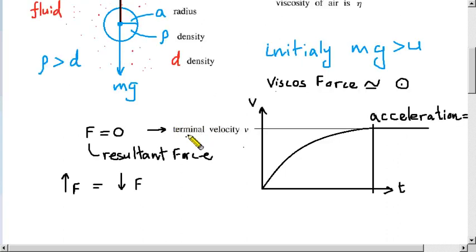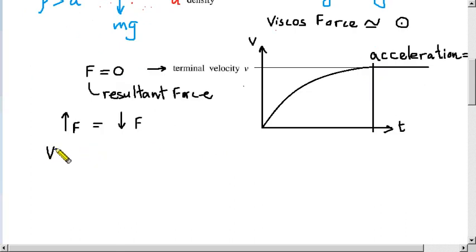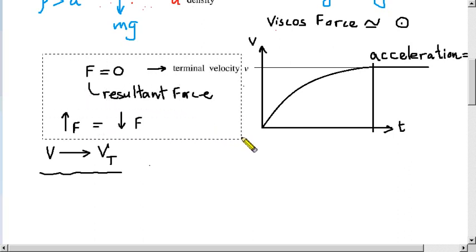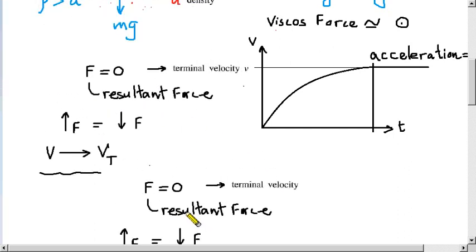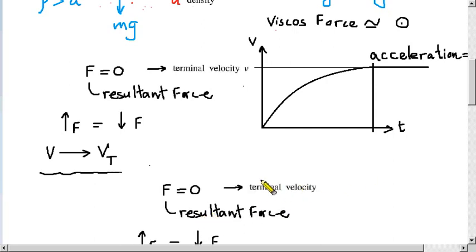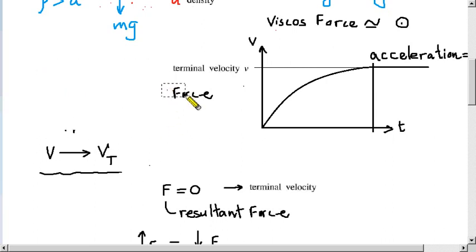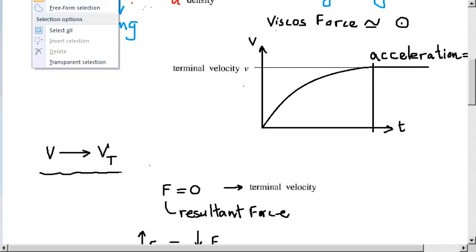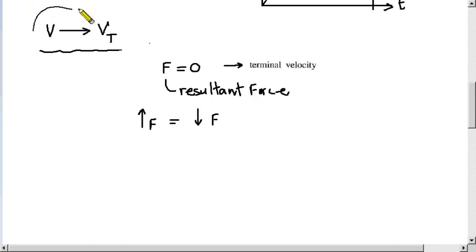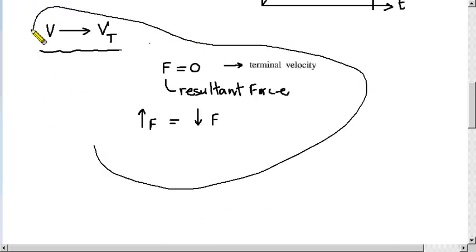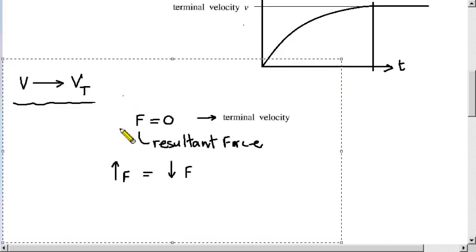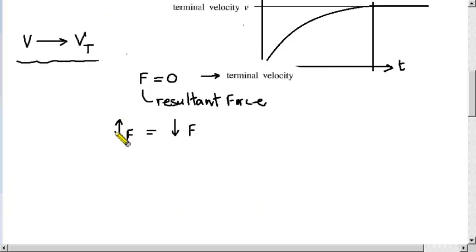At that time, when the velocity is equal to terminal velocity, we can write this thing, but before that we can't write it, because there is a resultant force before that.